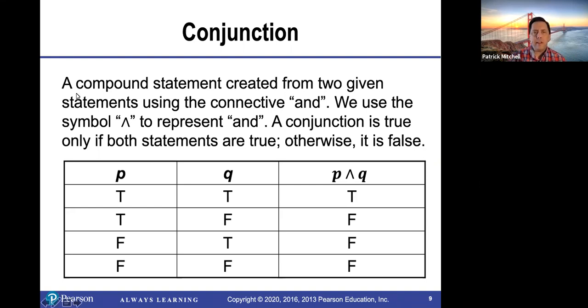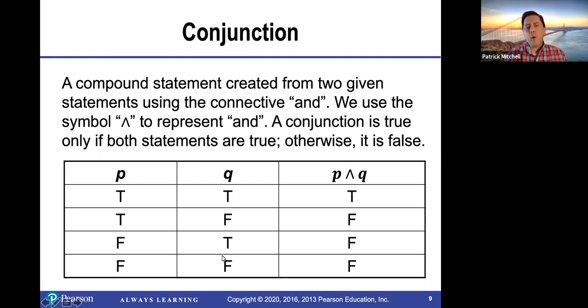And we use this upside down V symbol to represent and. And a conjunction is true only if both statements are true. Otherwise, it's false, okay? And I think that kind of makes sense. It works the same way in everyday English, okay?